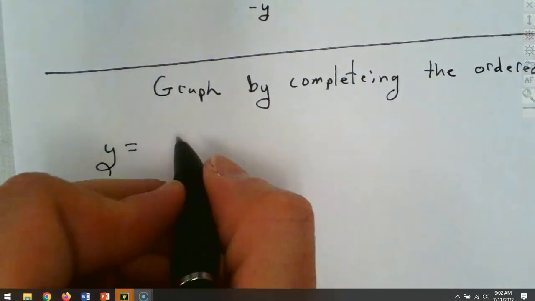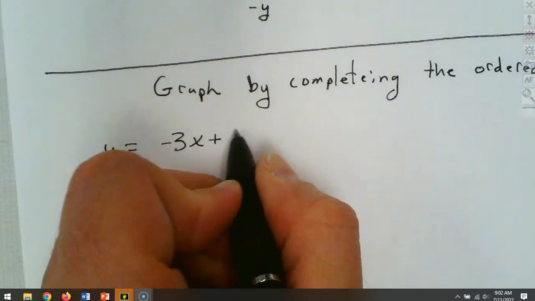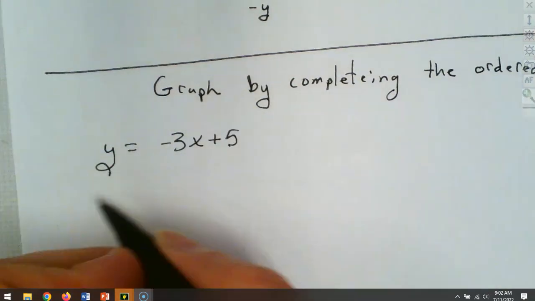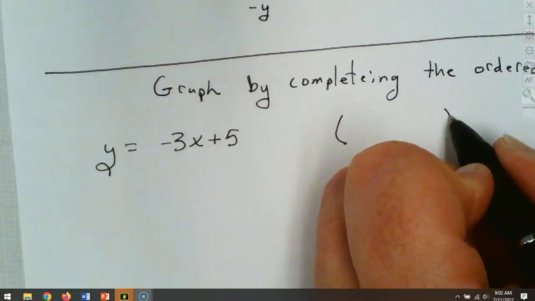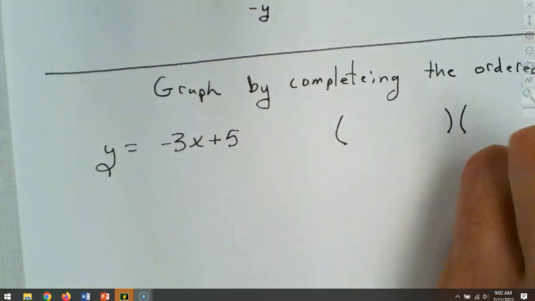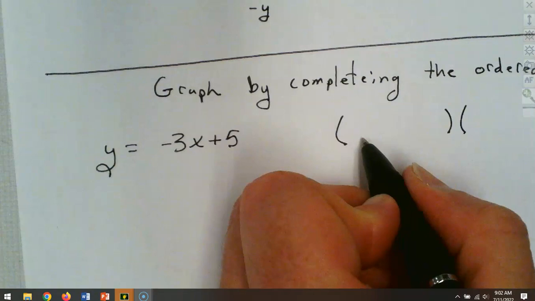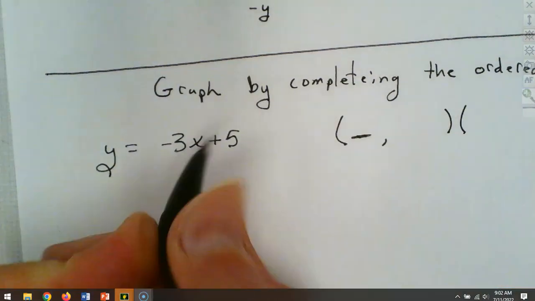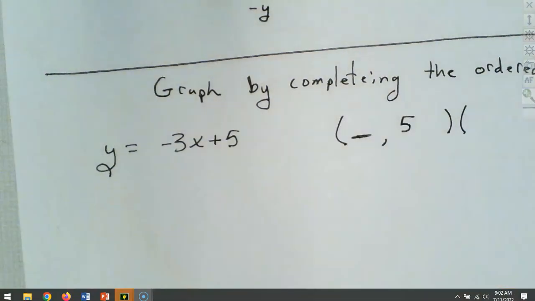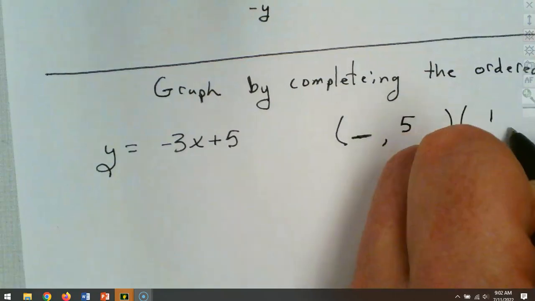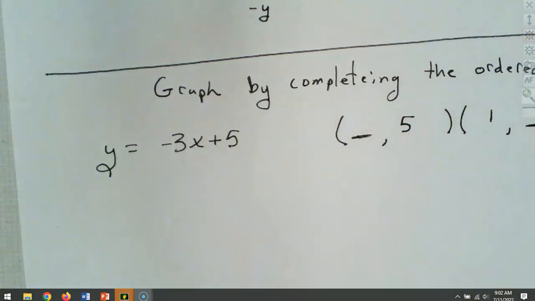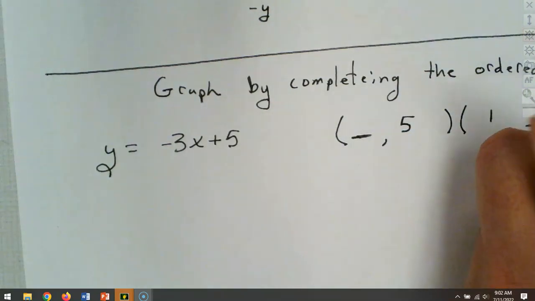How about y equals -3x plus 5? And I'm going to give you some ordered pairs and have you complete these ordered pairs. So how about blank, comma 5? How about 1, comma blank? And how about -2, comma blank?